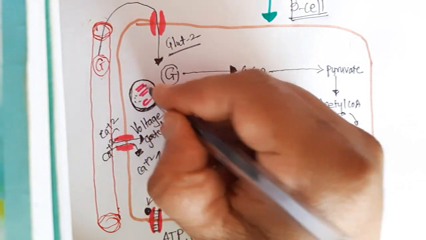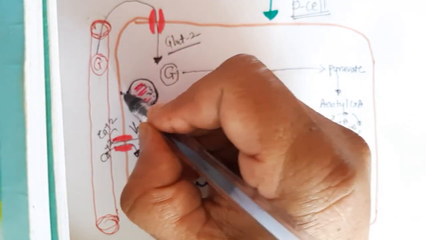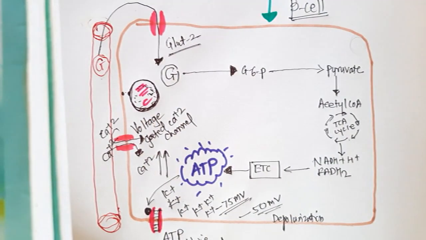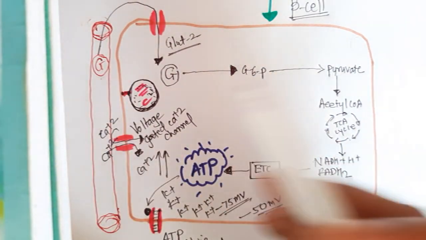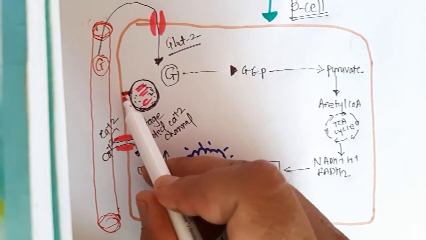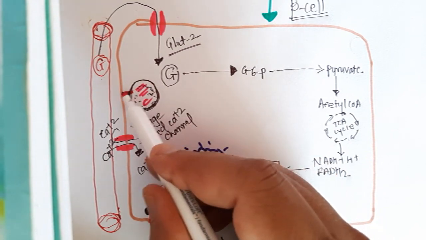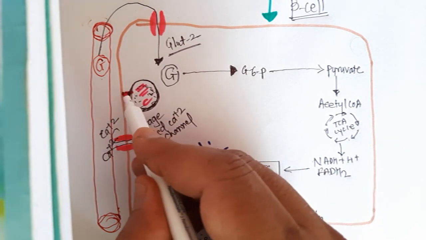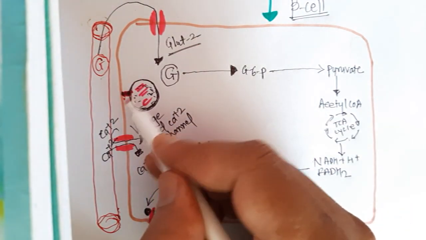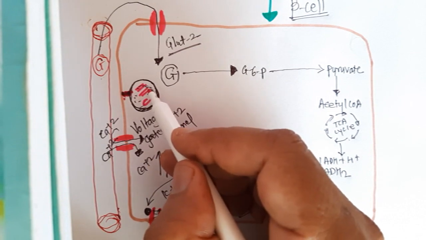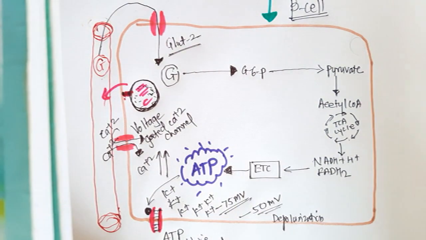So these vesicles come close to the membrane. That means the cell membrane has some proteins, and the vesicle membrane also has proteins. These proteins come together by the help of synaptic proteins, and this vesicle is emptied in the circulation.